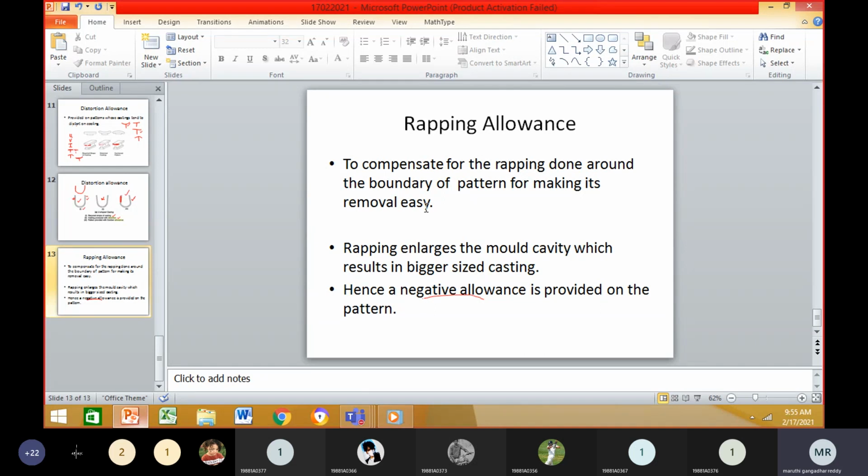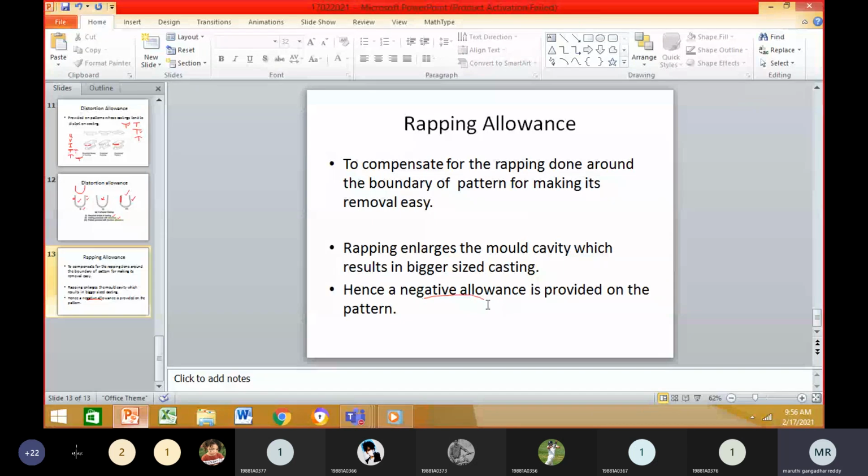He will take a screwdriver or a trowel and tap around the boundaries of the pattern. During that tapping, he will exert some pressure on the pattern. Due to that pressure, the mold cavity may get slightly bigger. In order to compensate for that, the pattern dimensions are made smaller than the actual size of the casting. That's why the wrapping allowance is called the negative allowance.